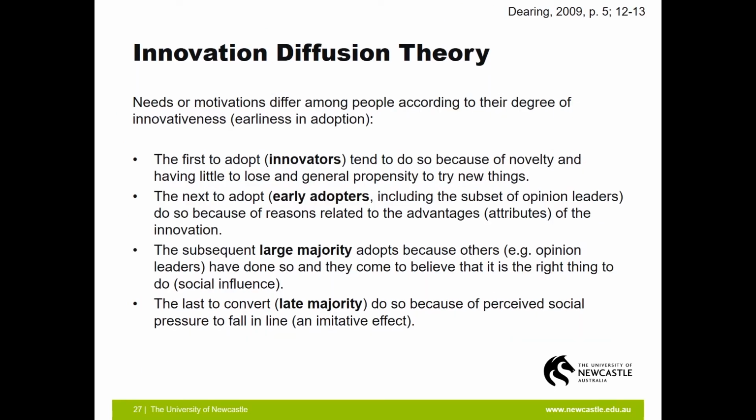And this tells us a little bit more about the needs or motivations for these different adopter categories, which I think are useful to you. So why do innovators and early adopters actually do things faster and sooner than others? Well, it's because they generally like new things, and they generally have a propensity to try new and different things, as opposed to the larger majority, the late majority, and the laggards.